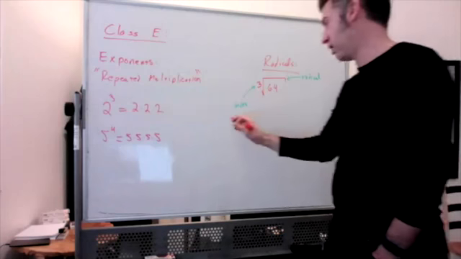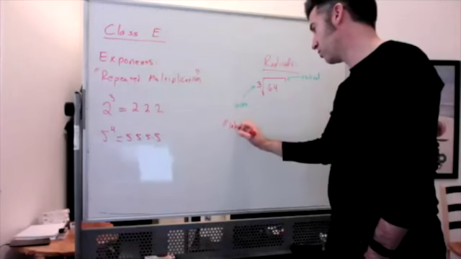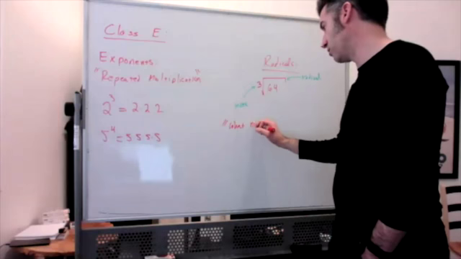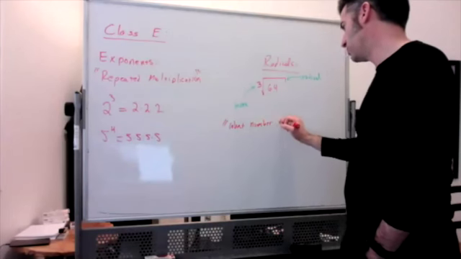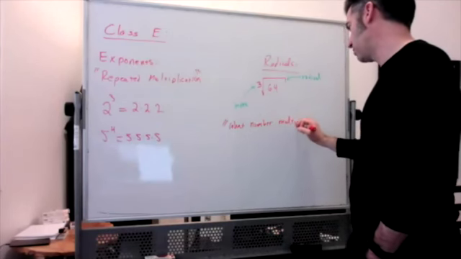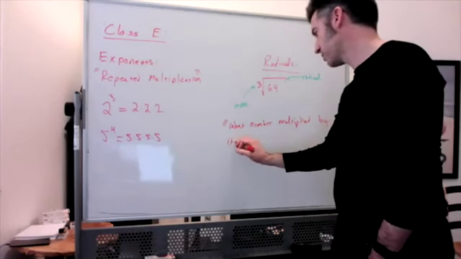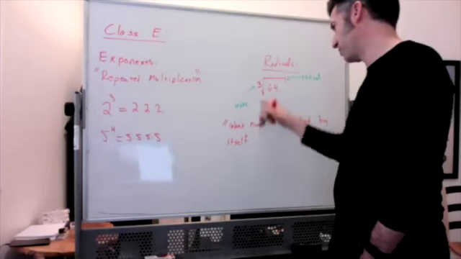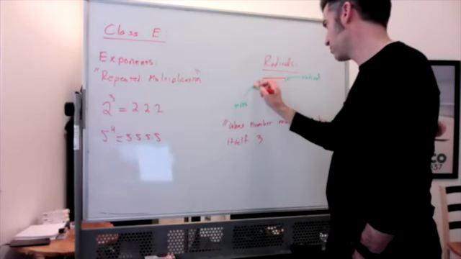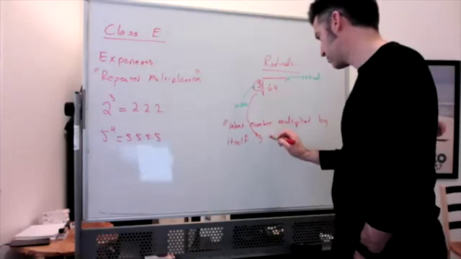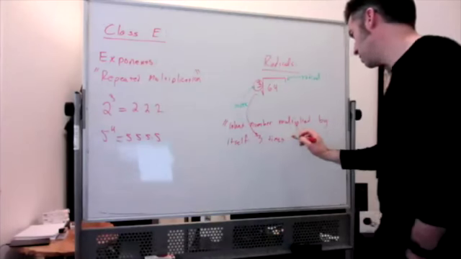So here we're asking what number multiplied by itself 3 times, and the 3 is exactly coming from the index, equals 64.